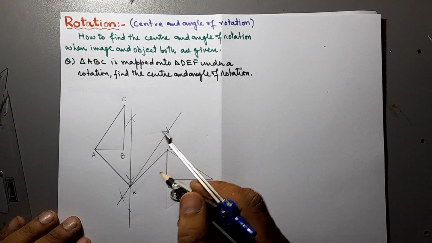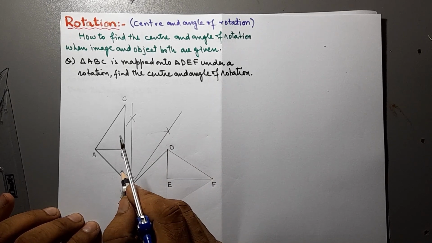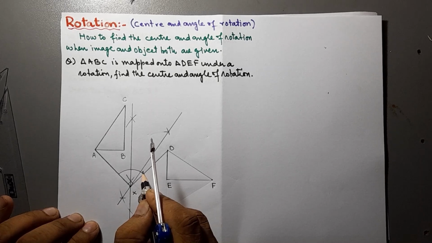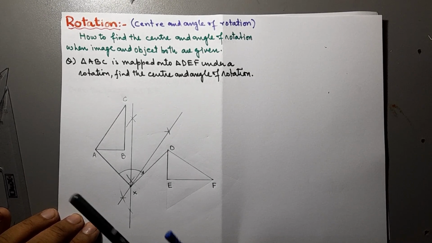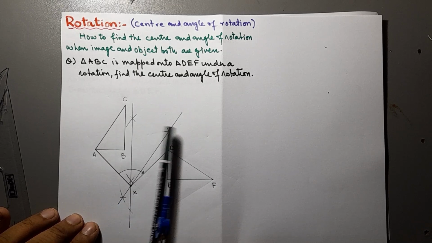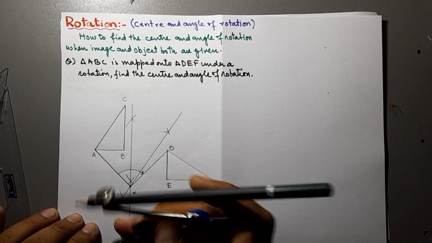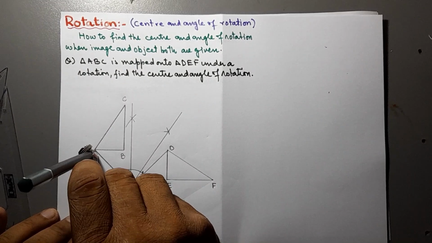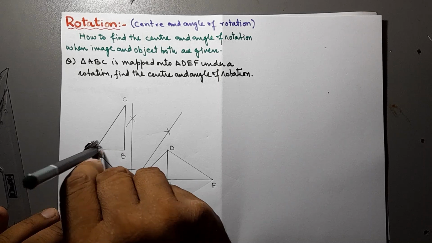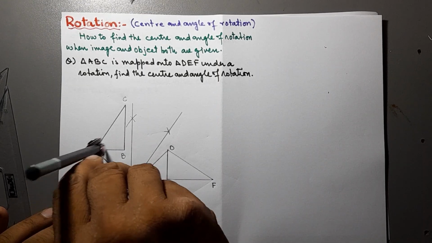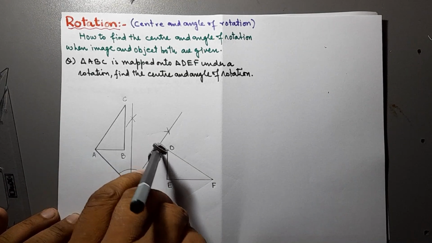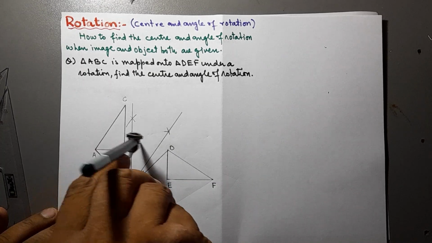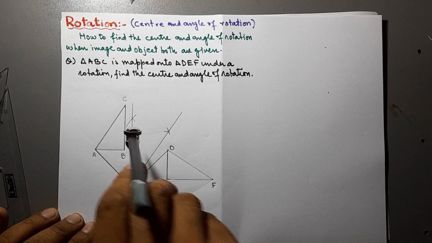Now this one is the angle of rotation, as A is mapped onto D. Which rotation is this? This rotation is anti-clockwise or clockwise? This rotation is clockwise rotation. A is mapped onto D under a clockwise rotation.